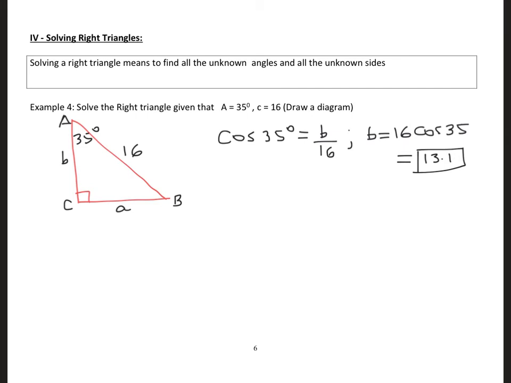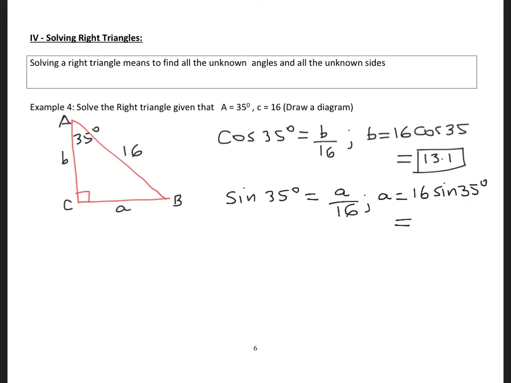Now I have found side B. Let's find side A. For this one, I'm given the hypotenuse, and I'm given the opposite, so I'm going to use sine. Sine of 35 is equal to opposite over hypotenuse. When I multiply by 16 on both sides, I get A is equal to 16 sine of 35.